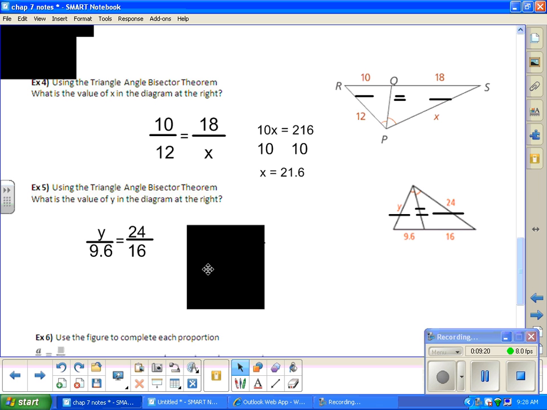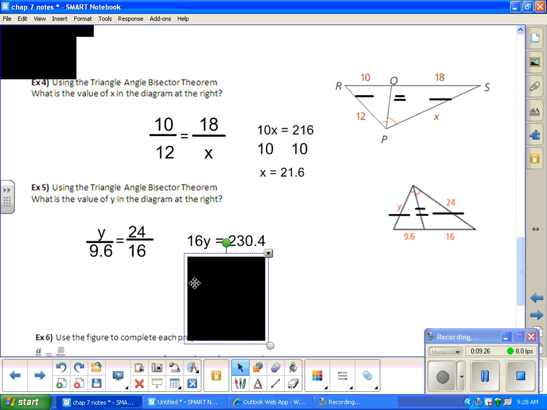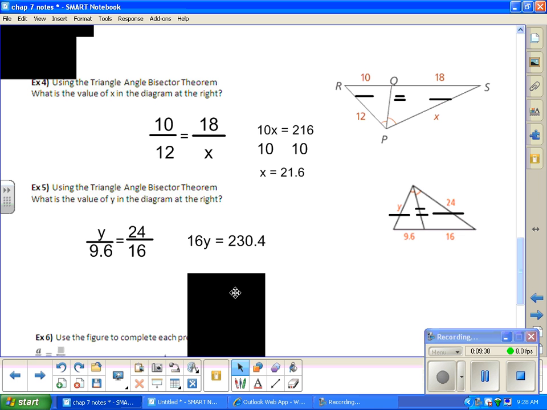From there, I'm going to cross multiply. I'm going to end up with 16y equals 230.4 because I'm multiplying 9.6 times 24. And then the last step will be to divide both sides by 16. And I end up with y equals 14.4.